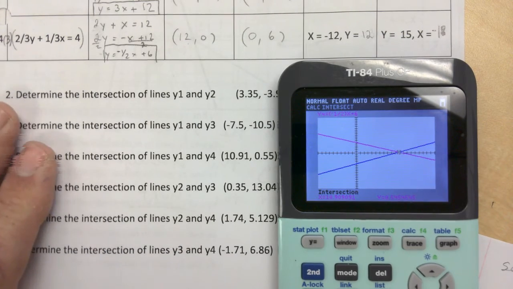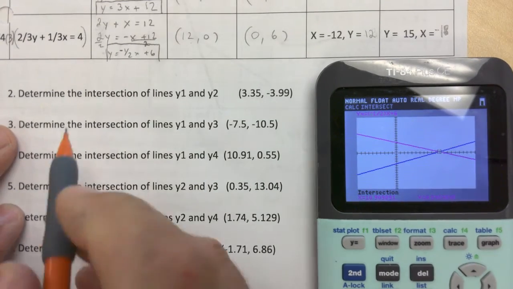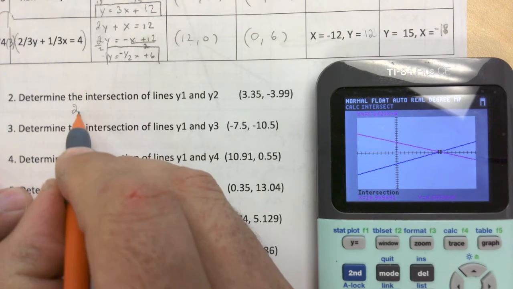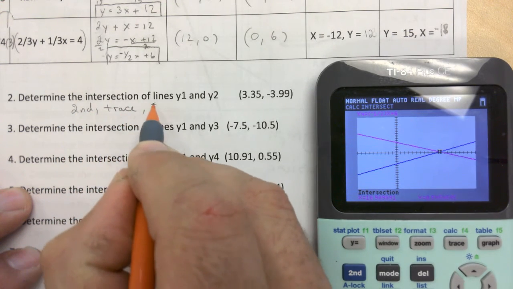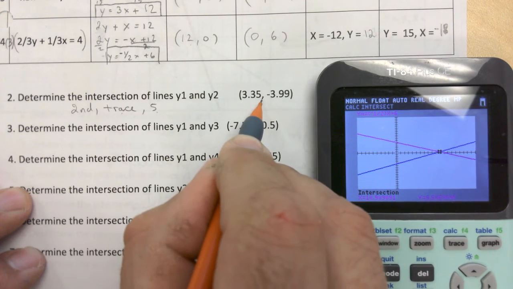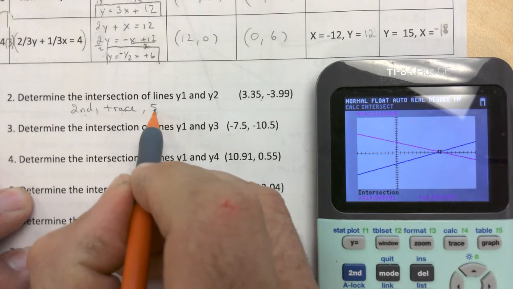This is what I would expect you to do, which wasn't shown on the answer key. You'd at least have to tell me the buttons you press to get that. Okay, so second trace 5.